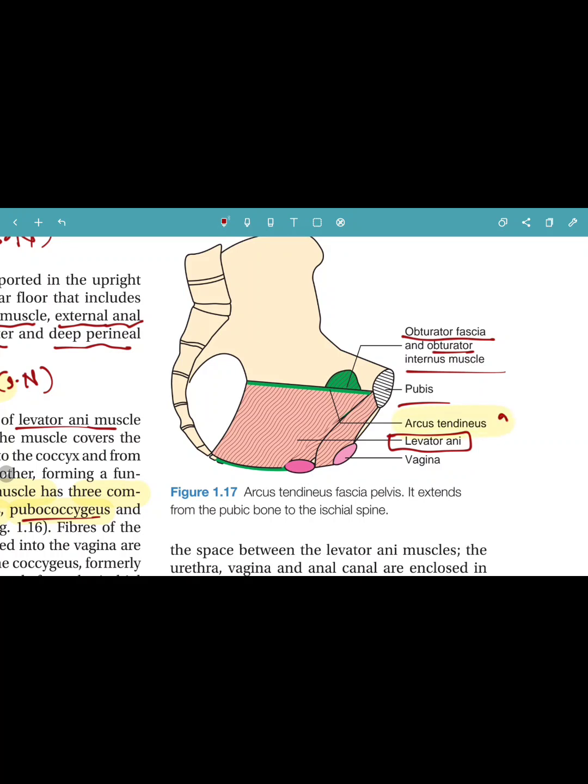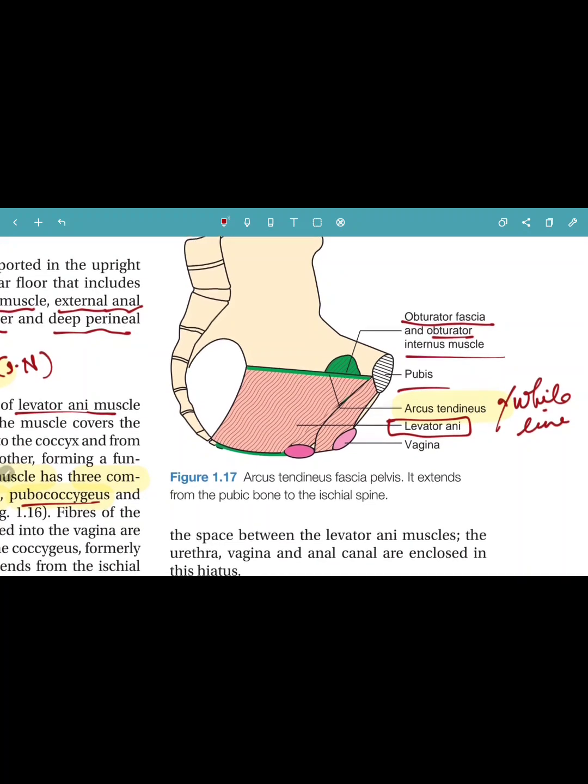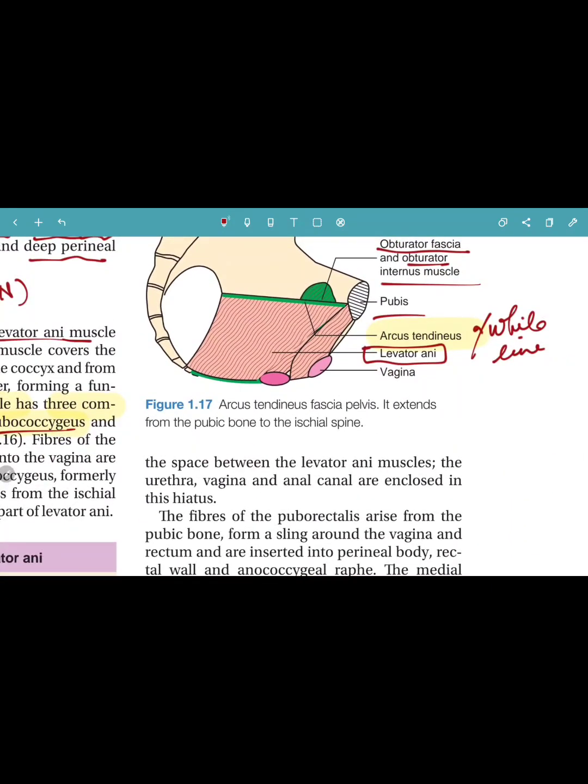Arcus tendinous, otherwise known as your white line. And then this is your vagina. Arcus tendinous fascia pelvis extends from the pubic bone to the ischial spine.